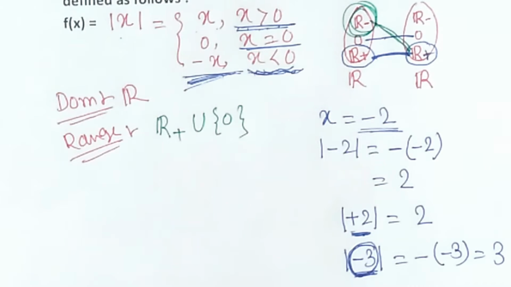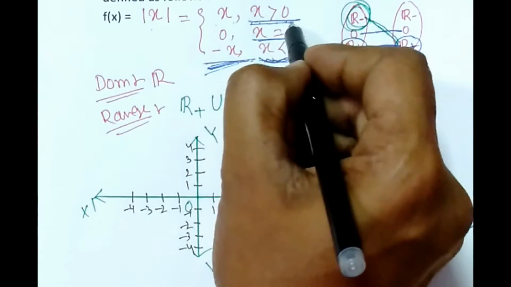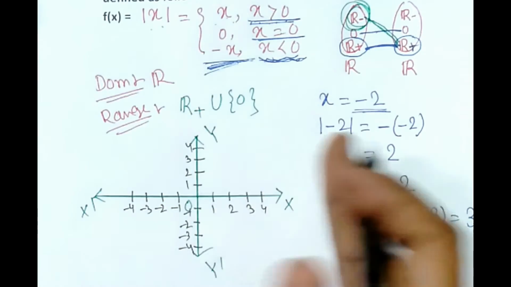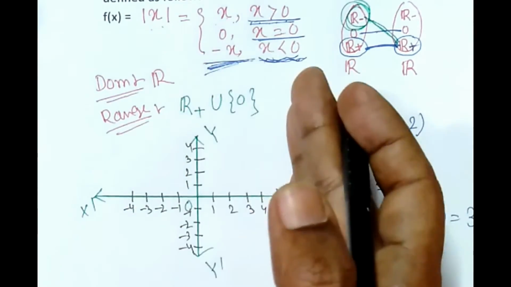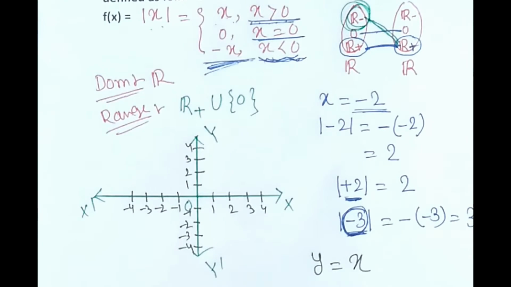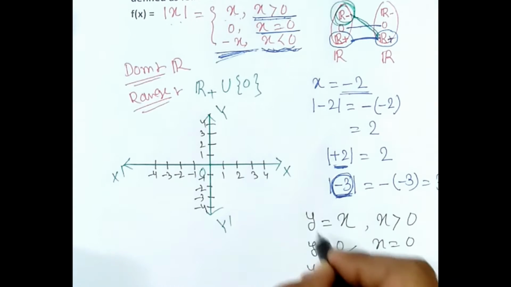Now let us draw the graph of this function. At first, look, if x is positive, mod x is x. So for the positive values of x, that is the positive side of the x axis, the function is y equals x, where x is greater than 0, y equals 0 for x equals 0, and y equals minus x for x less than 0.